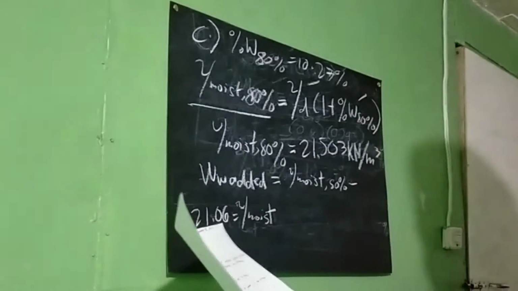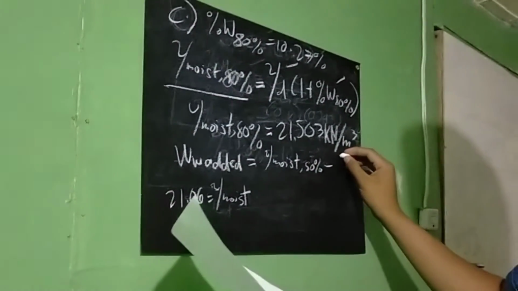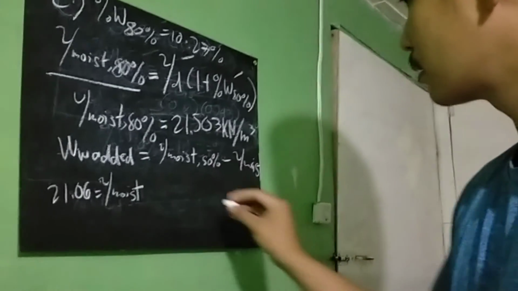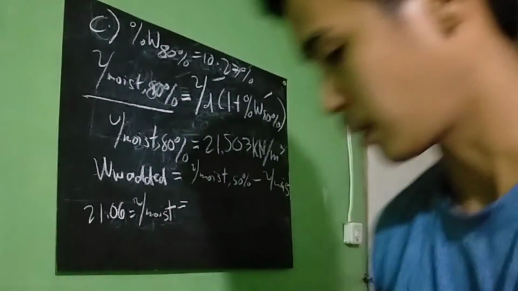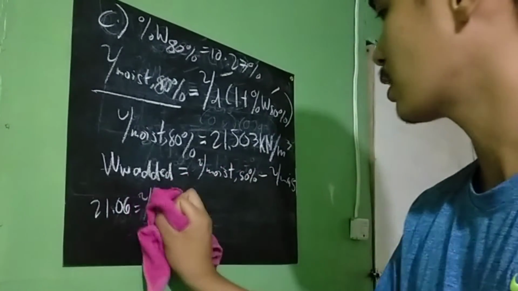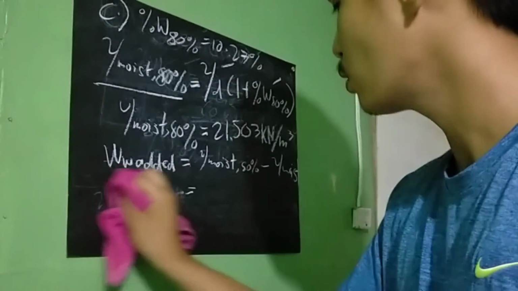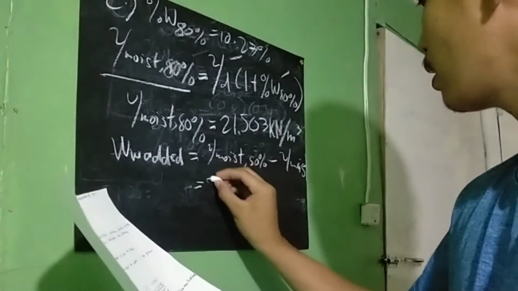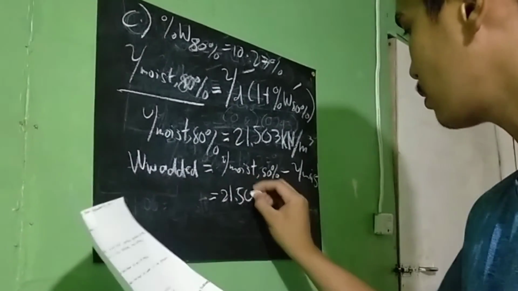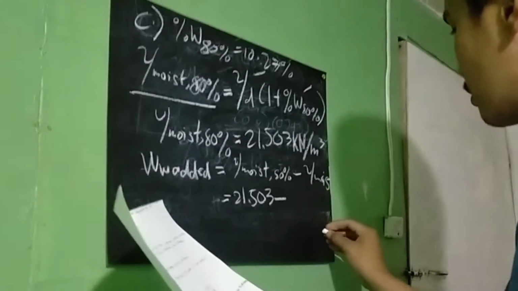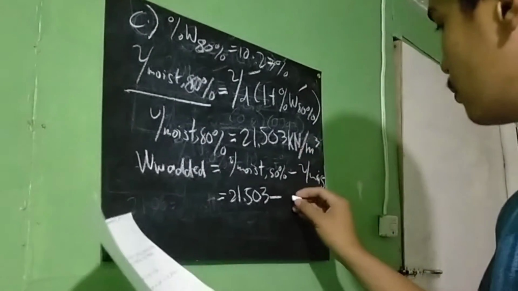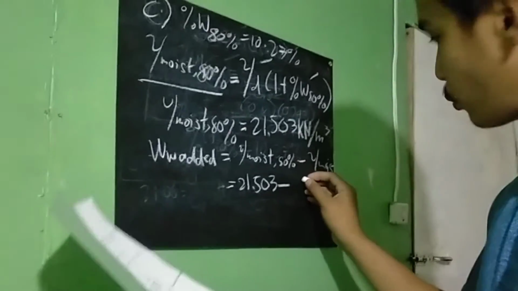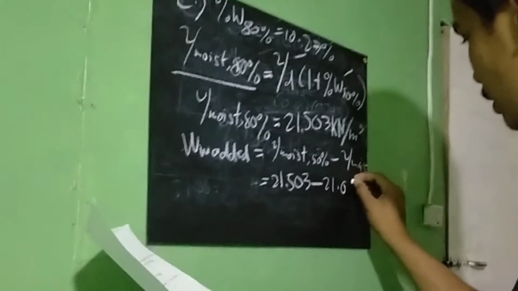So my gamma moist is equal to, since 21.06 is the value of the moisture unit weight, then we have this value, 21.503, minus the present value, 21.06.